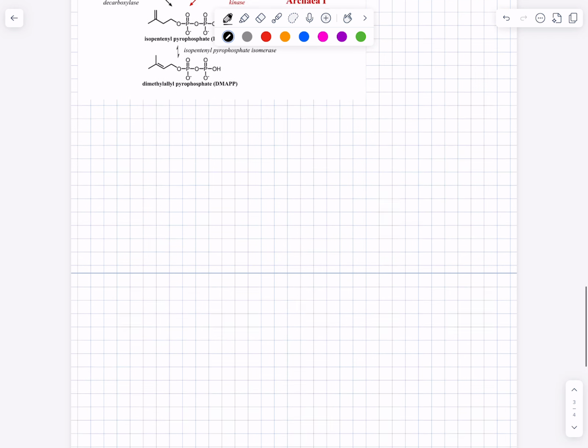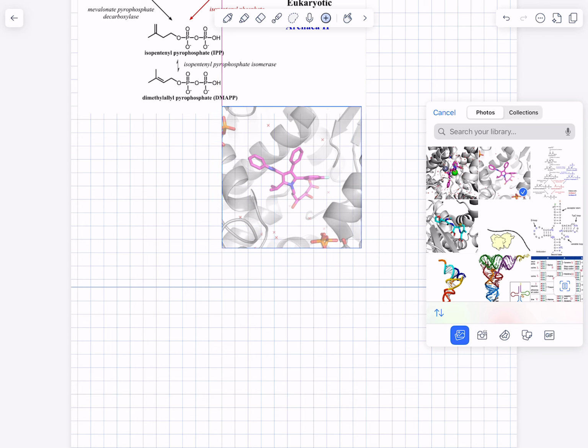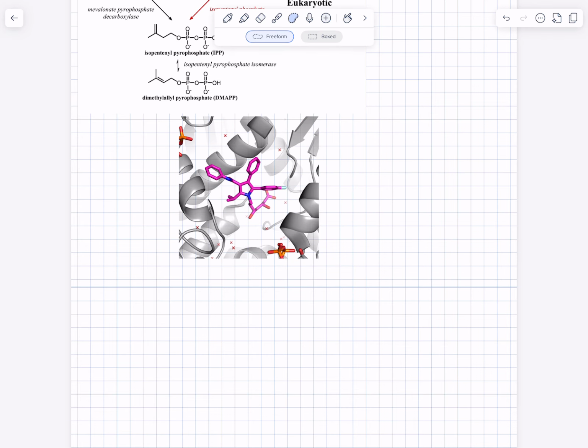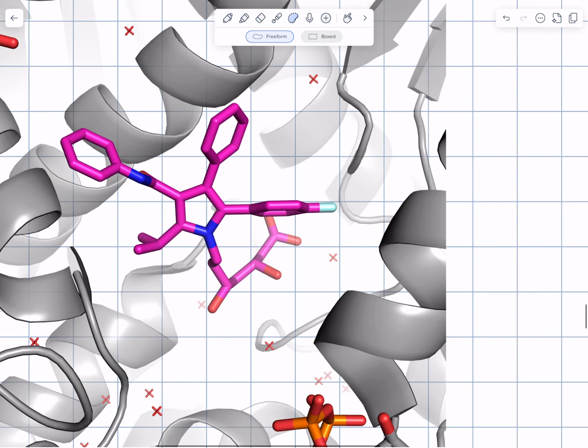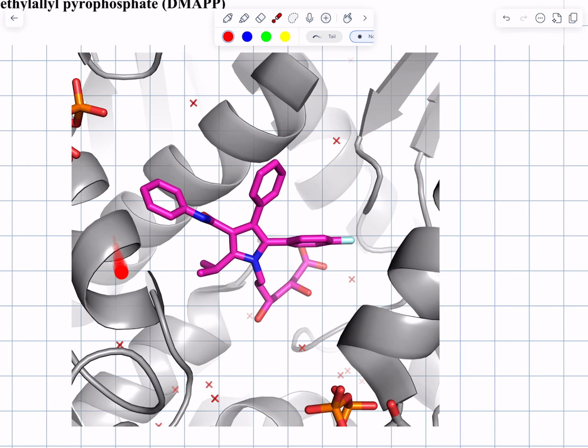Oh, I wanted to show you, there's a crystal structure of atorvastatin bound in the active site of the enzyme. So you can see those benzene rings are doing things. I haven't shown you any of the protein side chains because that would make things more complicated.